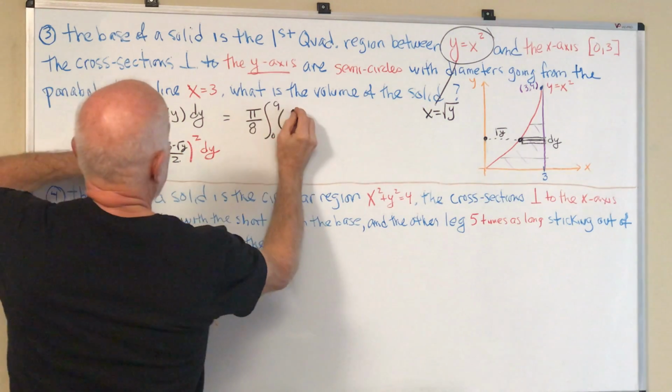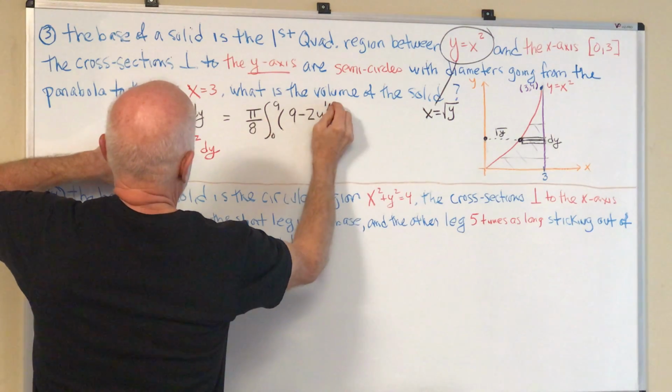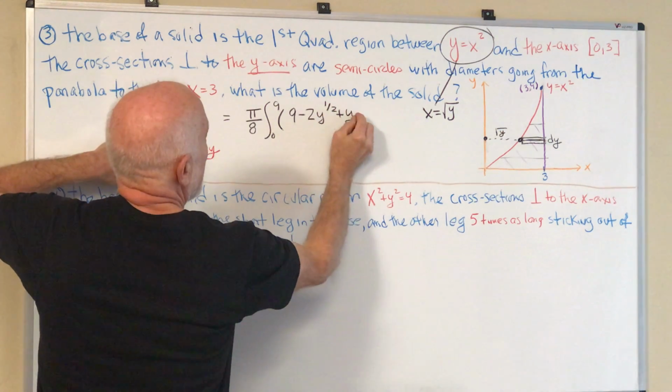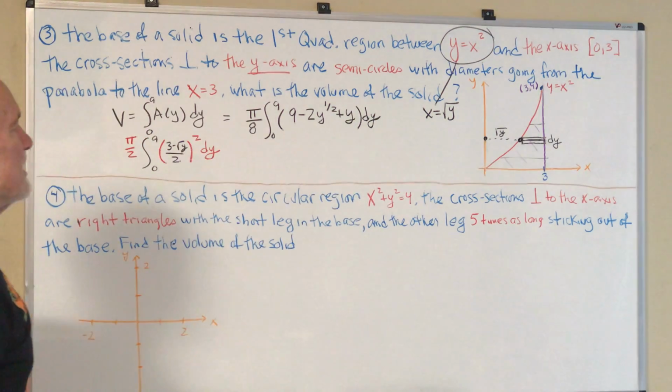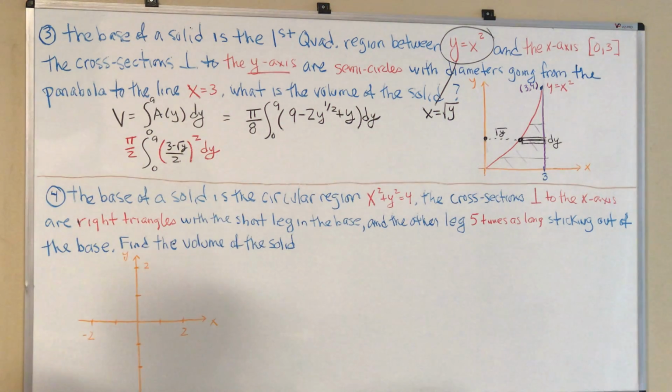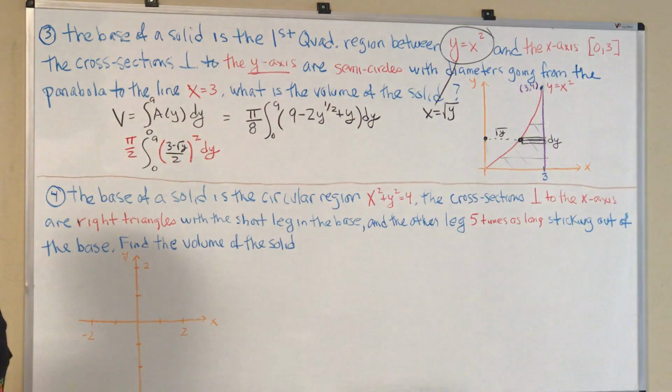You would have 9 minus 2 square roots of y, and then plus y. And I think we could work this out further, but we've done a lot of practice with the fundamental theorem of calculus, so I'll leave that one to you.